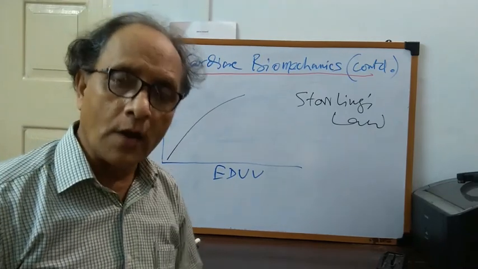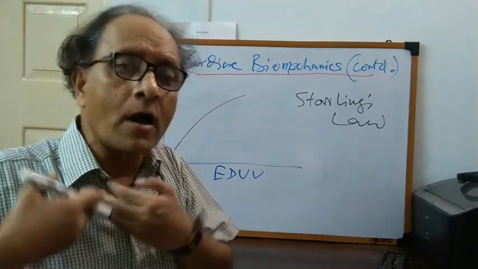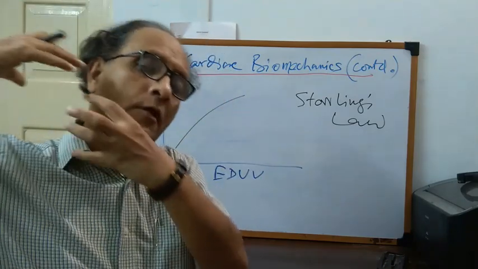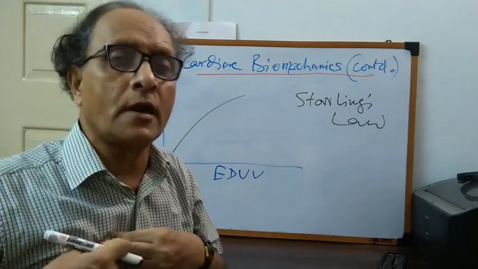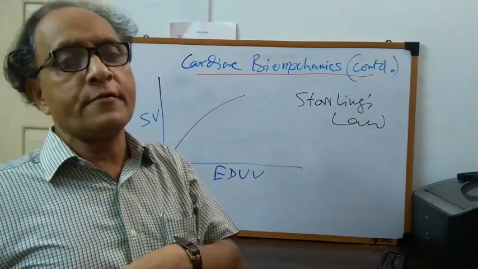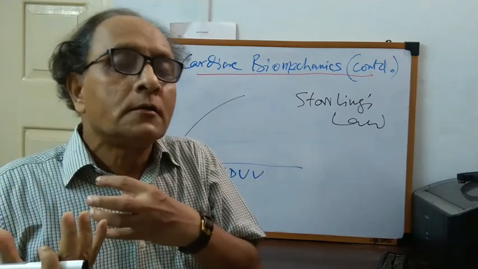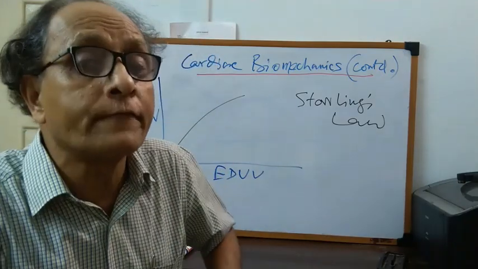The blood which is returning from the lower limb, then finally by inferior vena cava, from the upper part of the body, from the superior vena cava, ultimately entering into the right atrium to the right ventricle, right? Or the pulmonary blood returning via left atrium to the left ventricle.